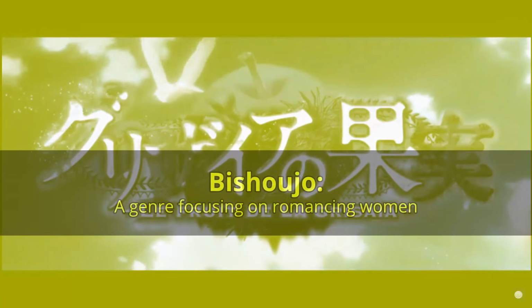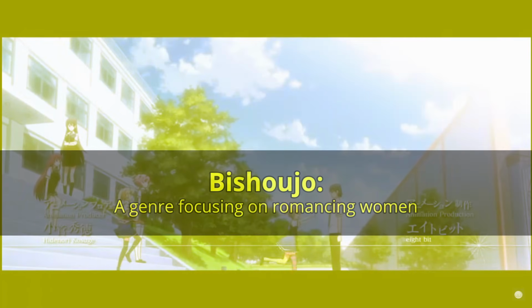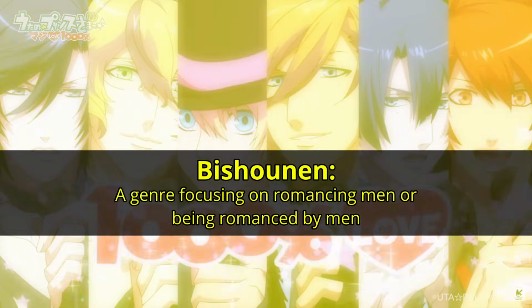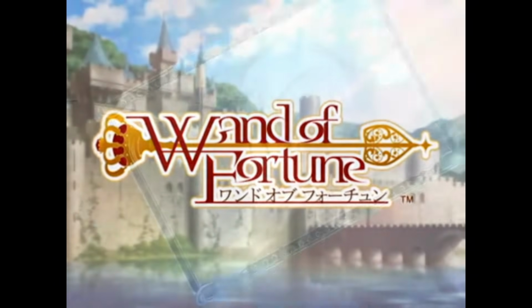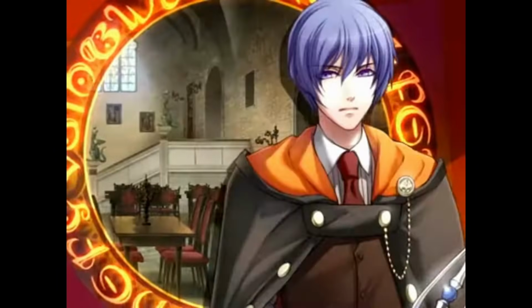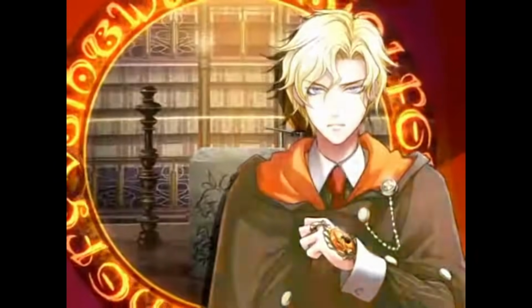But the vast majority of visual novels focus on the romance part before all that, and they come in a lot of other subgenres based on the player's preference. Bishoujo, or galge, are games that focus on romancing beautiful women, while bishonen are games that focus on romancing boys. These were traditionally pretty heteronormative, but bishonen as a genre found itself embraced by the queer community as a whole and evolved into a few new forms.